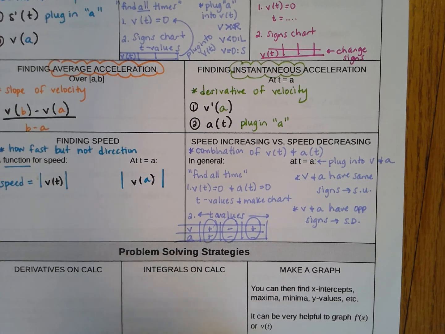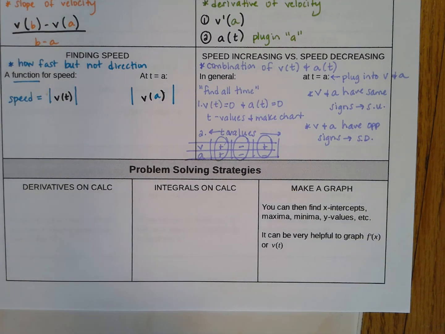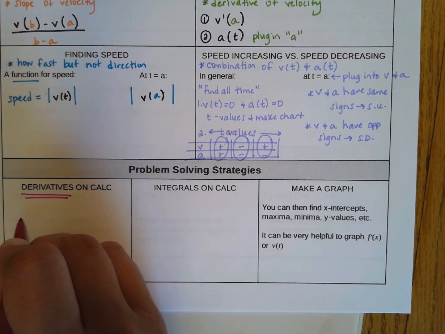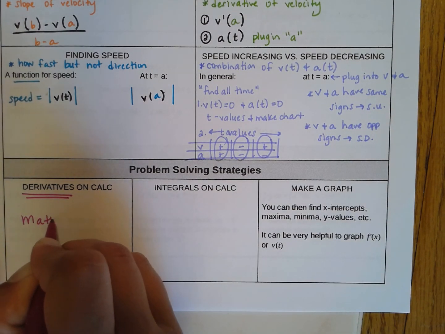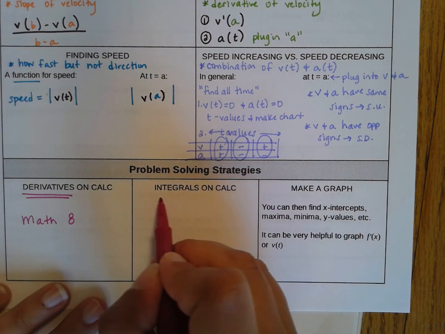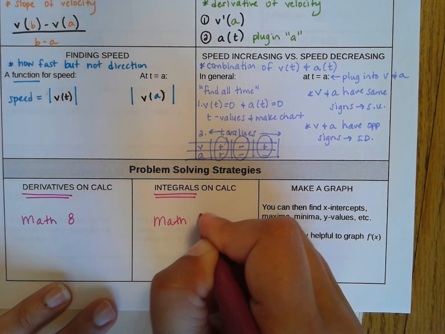Now, one thing that I think is really important is to remember that for a lot of this, your calculator can help you out. Don't forget that your calculator can find derivatives. You can find your derivative using math option 8. So for example, if you want to find your velocity at a certain time, you might type in to find the derivative of position at that time. Your calculator can also find integrals, which is just math option 9.